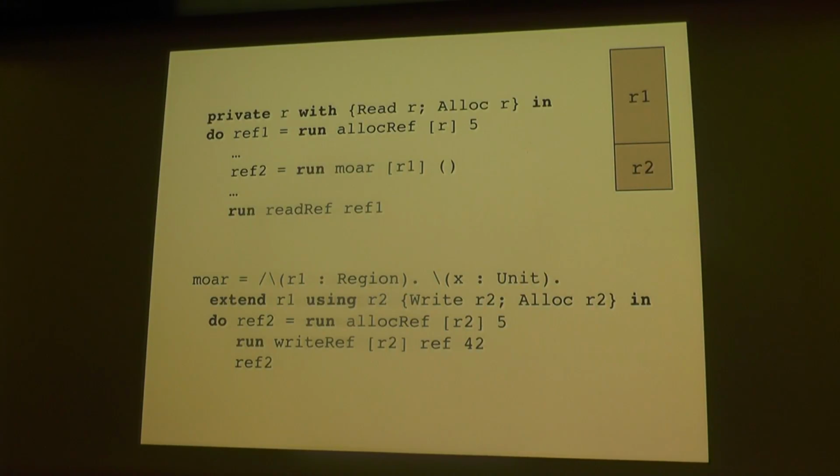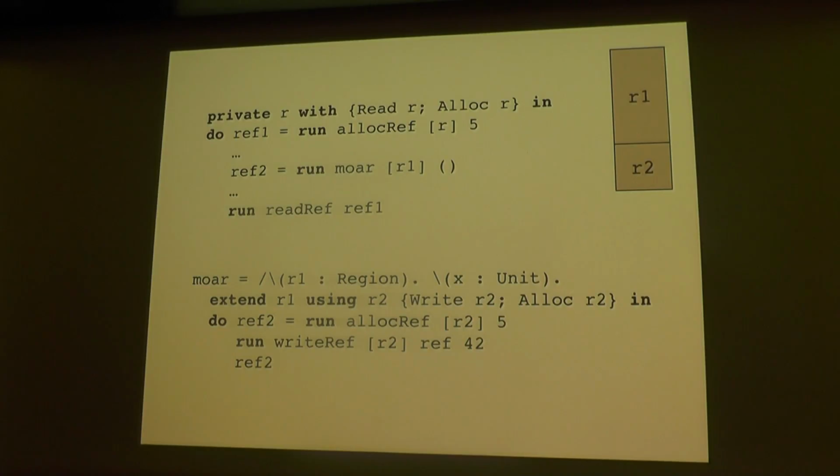Here's an interesting mechanism. I also have an extension form. So what you can do is that if you have an existing region, I'll explain the concept first and then I'll go to the code. You can have an existing region which is immutable. You only allow allocation and read from it.